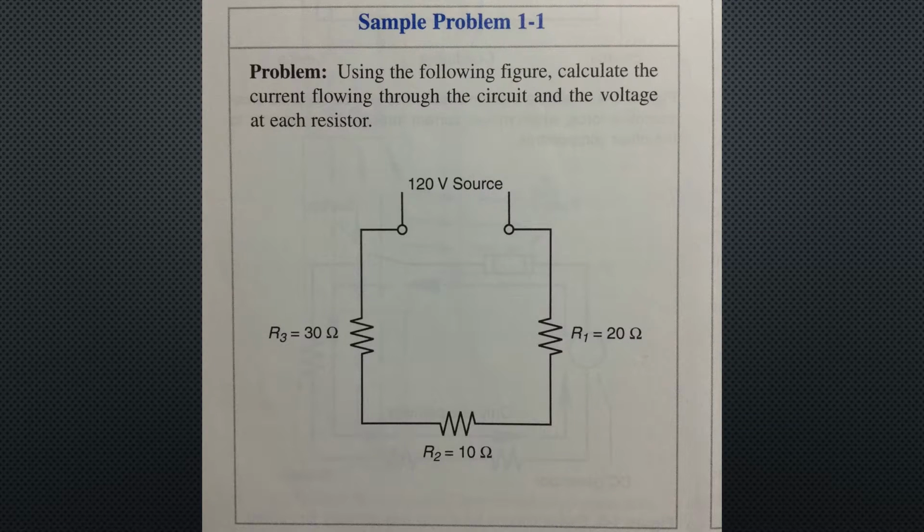The following example illustrates the characteristics and relationships of a series circuit and how Ohm's law is used to solve circuit problems. Example problem 1-1. Using the following figure, calculate the current flowing through the circuit and the voltage at each resistor.